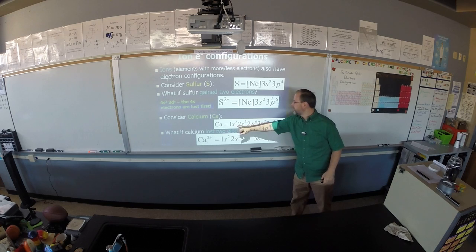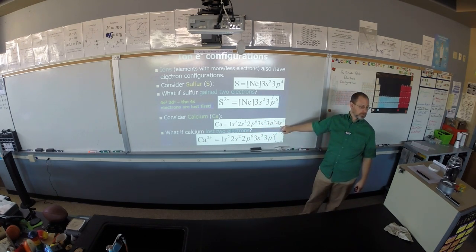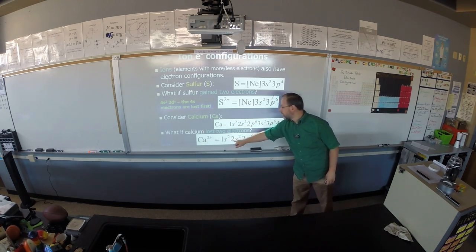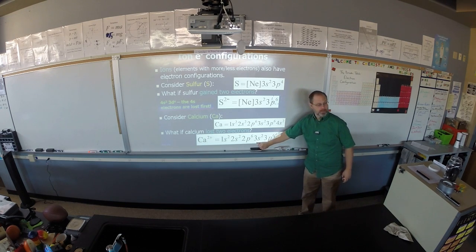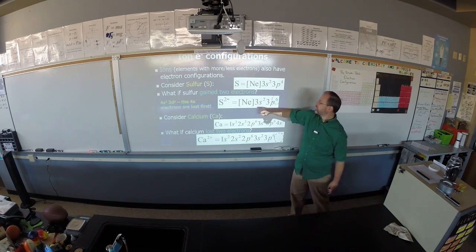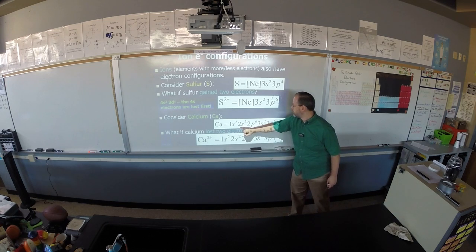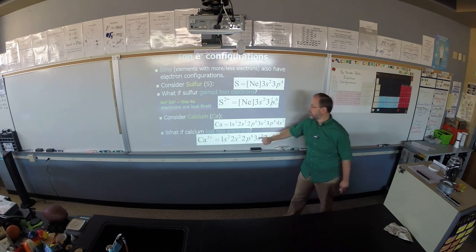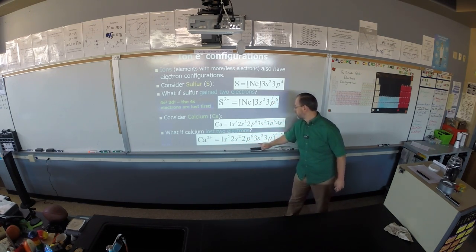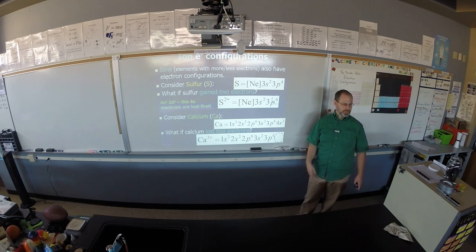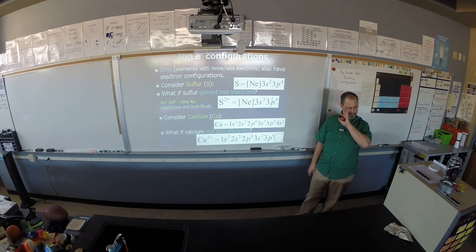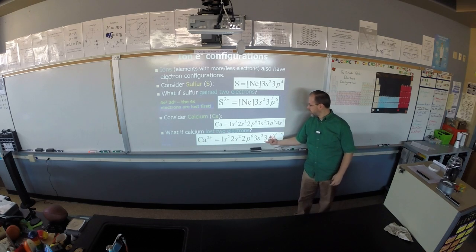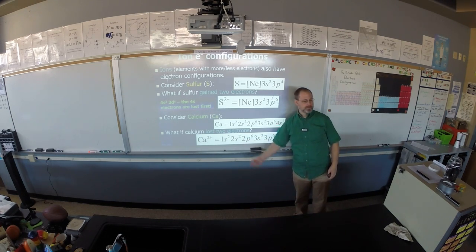The highest level for calcium here is 4. The highest level for the calcium ion is 3. So this is level 1, level 2, level 3, level 4. Level 1, level 2, level 3. Does that make sense? It's the big numbers. Big number, big number, big number.